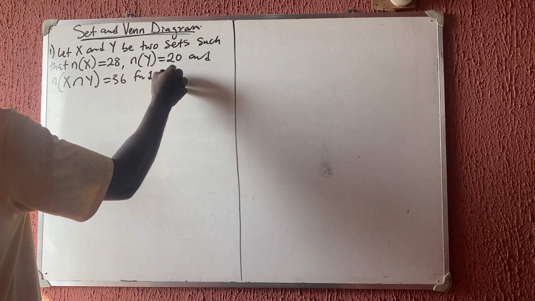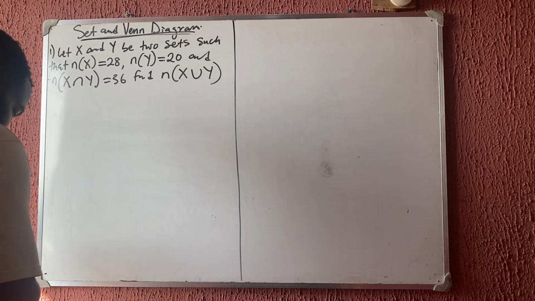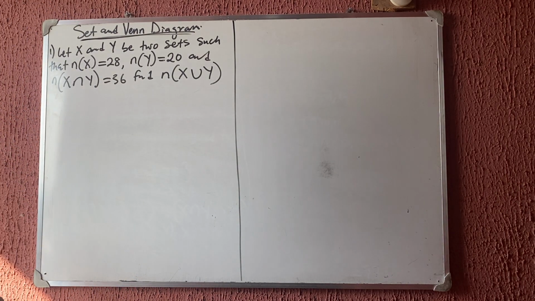Then find the number of elements in x union y. So having this, what do we do?